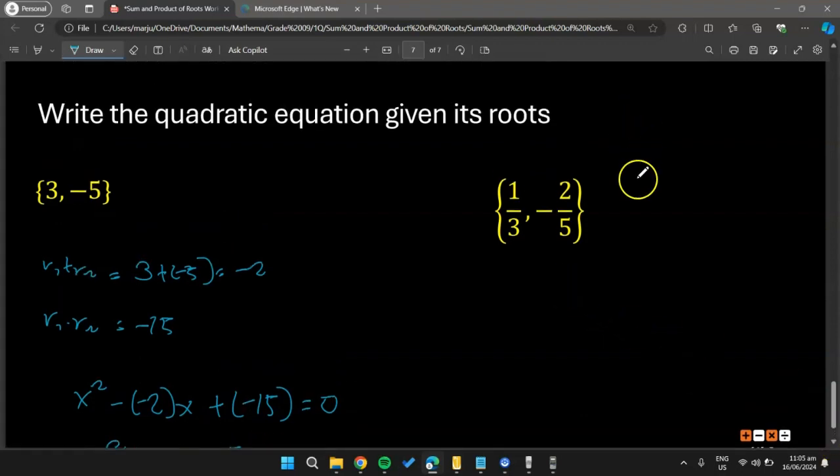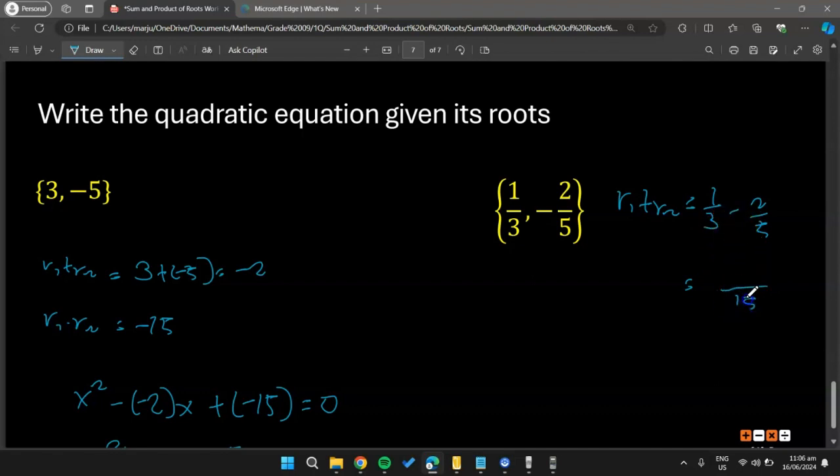What about this one? Again, our root 1 plus root 2. What is 1/3 plus negative 2/5? So again, the least common denominator will be 15.